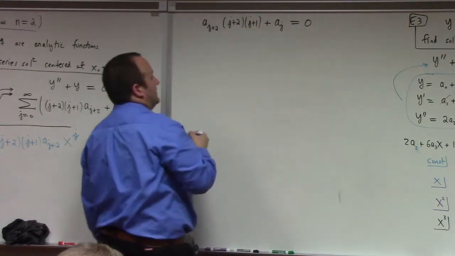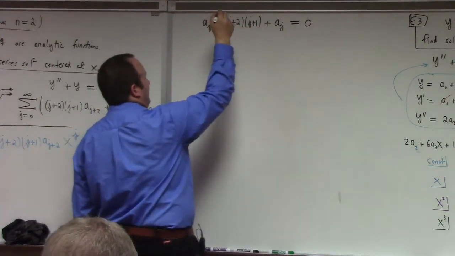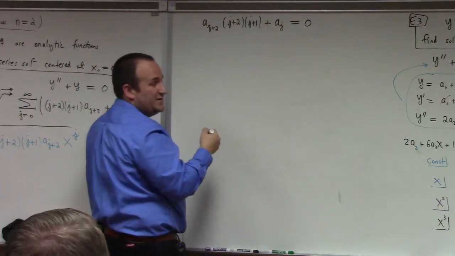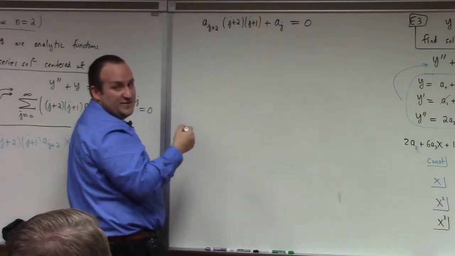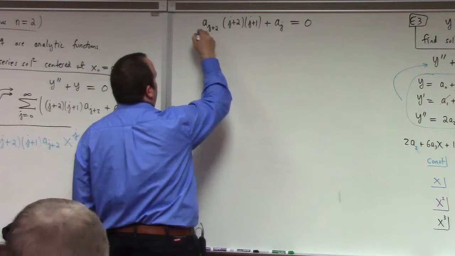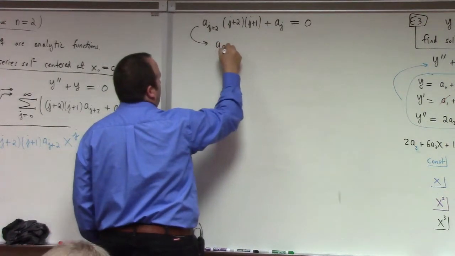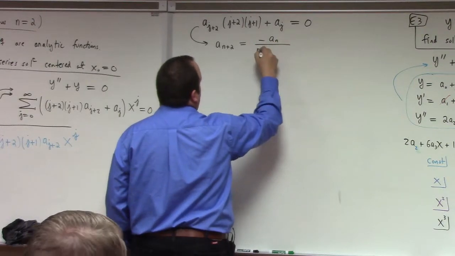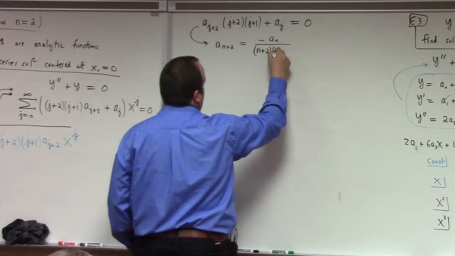Now, again, j is not sacrosanct. It is just a notation to express a relation between the coefficients of the series. I don't like writing j a bunch of times. At this point, I will change back to n because it's easier for me to write. So this, in other words, says that a sub n plus 2 is equal to minus a sub n over n plus 2 times n plus 1.